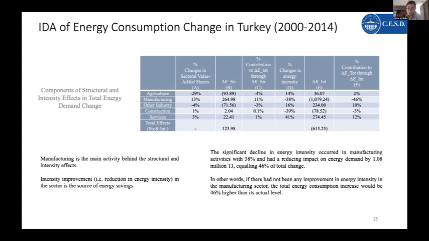And the second thing, about the manufacturing industry, it declined by 38% over 14 or 15 years. Still, what was the reason for that? Because in the manufacturing industry, there are subsectors, right? Textile industry, food industry, and so on and so forth. There are some energy intense sectors and less energy intense sectors.